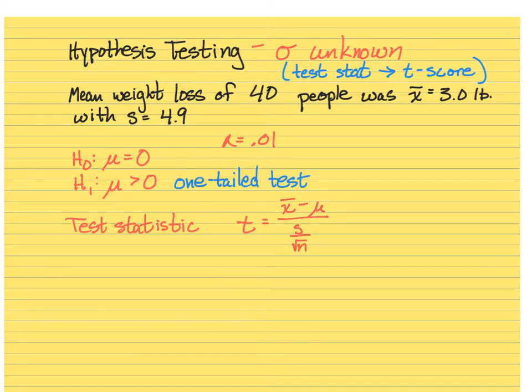We've seen that before. In our case, t equals 3 minus 0 over s over the square root of 40, and that is going to equal 3.87. That's the t-score.